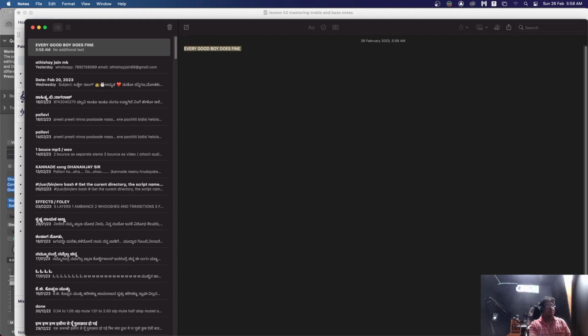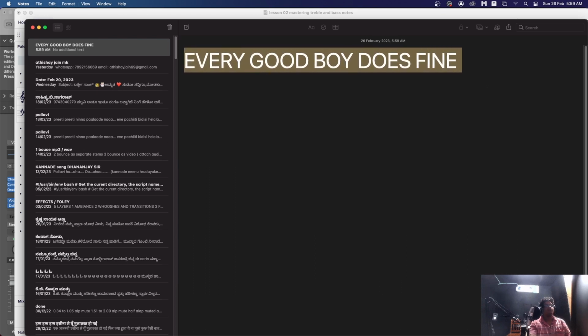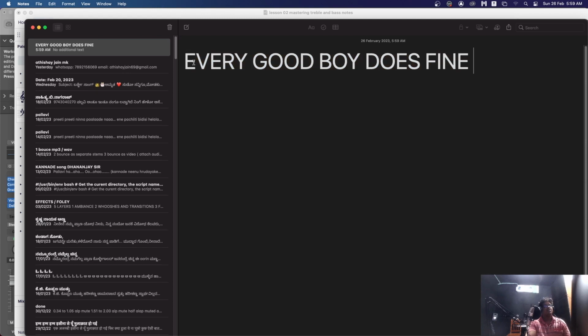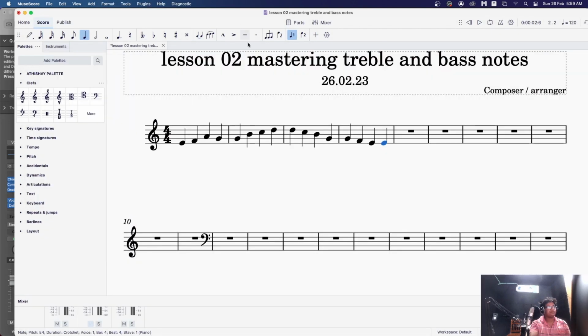This is the thing for the treble clef. Every E, first line E, second line G, third line B, fourth line D, fifth line F. Every good boy does fine. So with keeping that in mind, you have to name these 12 notes today. This is a kind of revision and exercise.